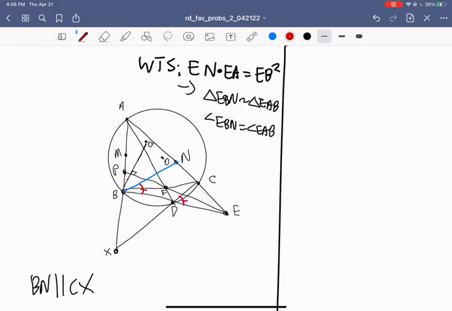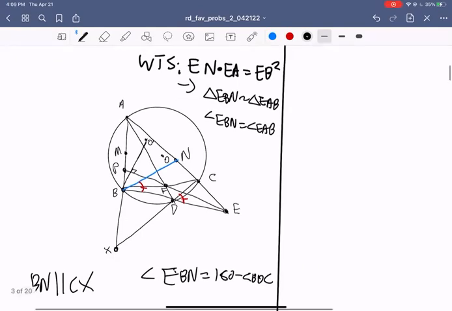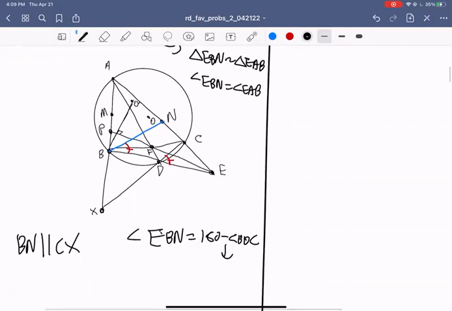And angle EDC is equal to 180 minus angle BDC. But BDCA is a cyclic quadrilateral, so this is also equal to angle EAB. Therefore, we have these two are equal, and we have the desired result that E is on the radical axis.